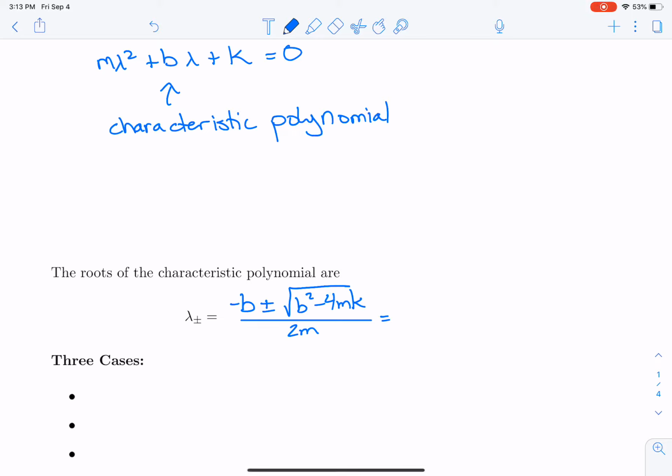And sometimes we're going to find it is helpful to write this as minus b over 2m plus or minus, and then I would like to divide everything inside the radical by 2m. But if I move it inside the radical, that's going to be a 4m squared. So this is b squared over 4m squared minus k over m.